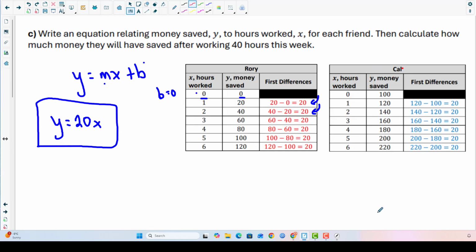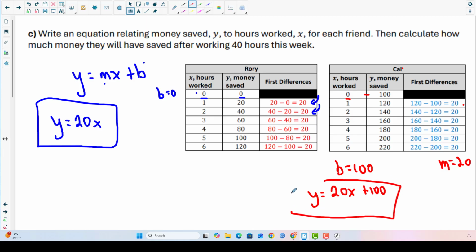Now for Cal, x is 0 and y is 100. So that means my b value is 100 for the equation for Cal. And the m value, the slope, is 20 because it's the same. So the equation is y equals 20 times x plus 100.